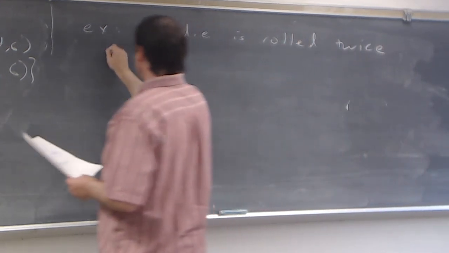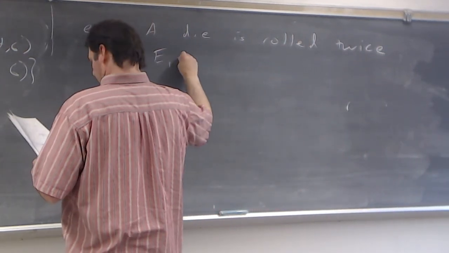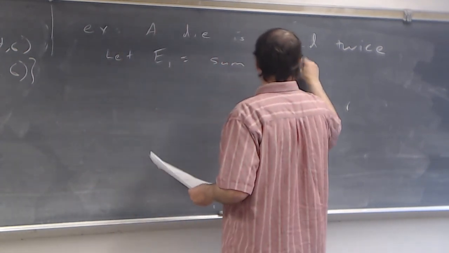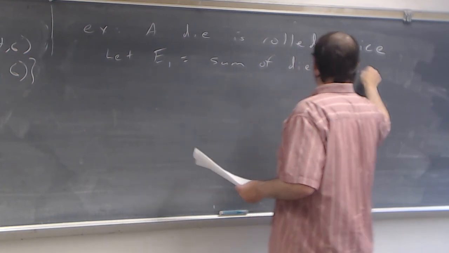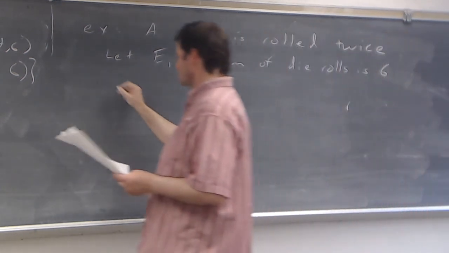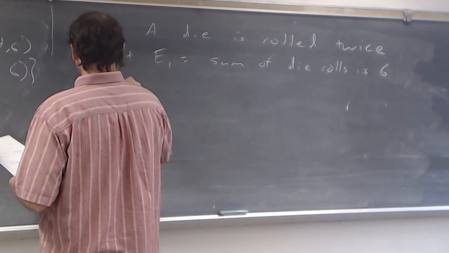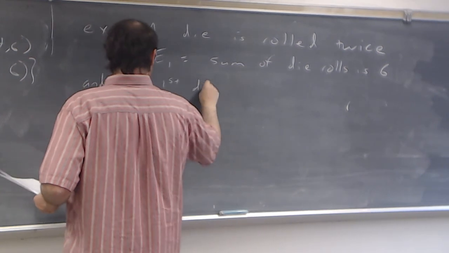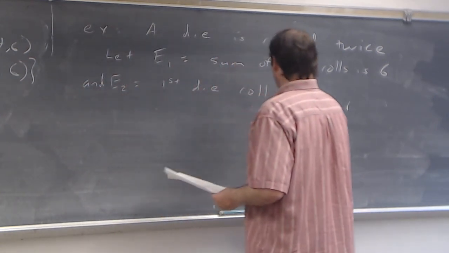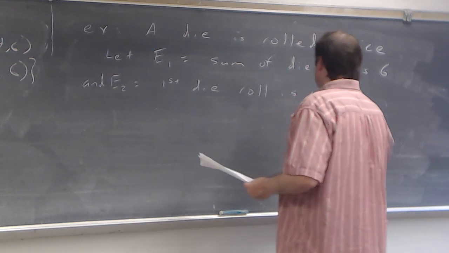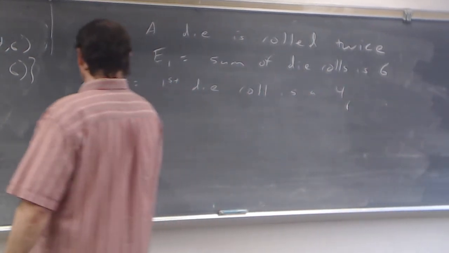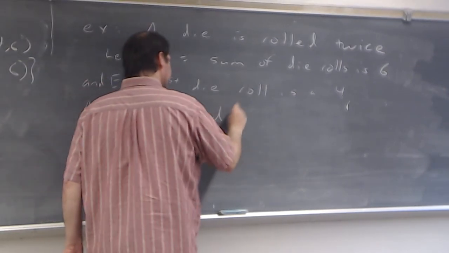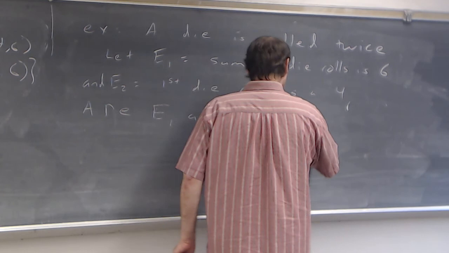Let E1 be the event that the sum of the die rolls is 6, and let E2 be the event that the first die roll is a 4. And the question is, are E1 and E2 independent?